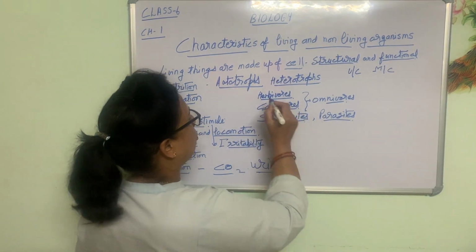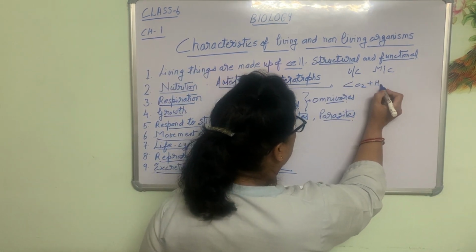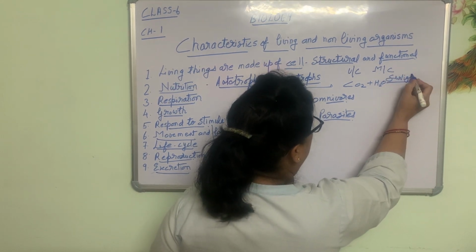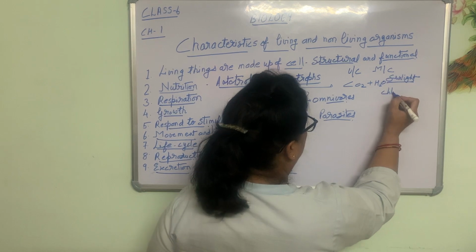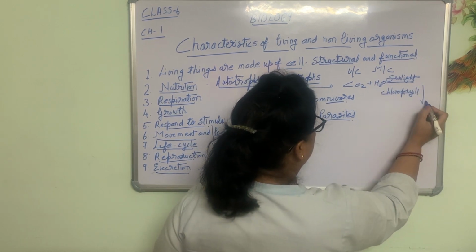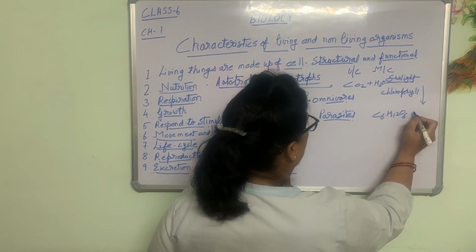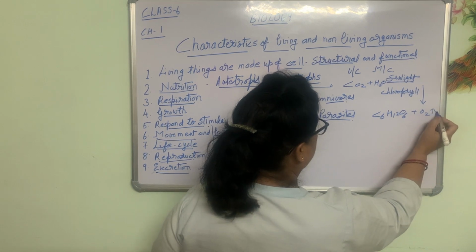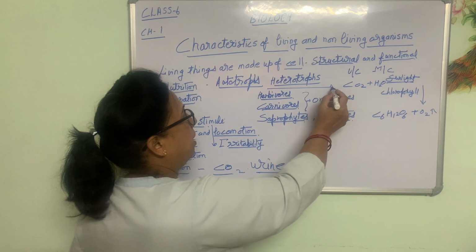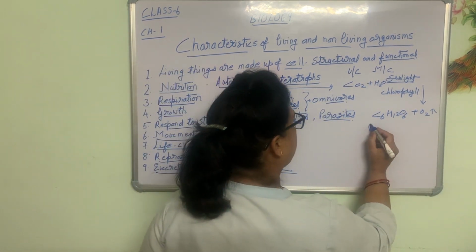That is the autotroph. For these autotrophs, CO2 plus H2O, in presence of sunlight and chlorophyll, what do they give out? Glucose, that is C6H12O6, plus oxygen is released. This happens in case of autotrophs, the process of photosynthesis.